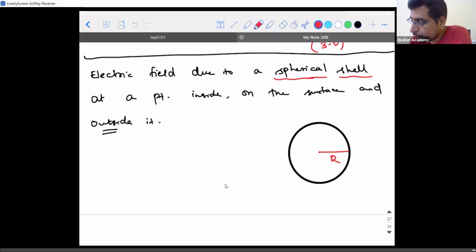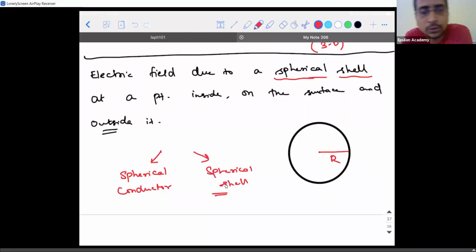See, there are two types of conductors you are going to face. One is called a spherical conductor and the other a spherical shell. What is the difference between both? What is the difference between the word sphere and spherical shell?